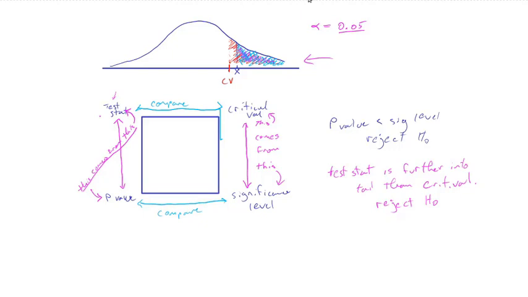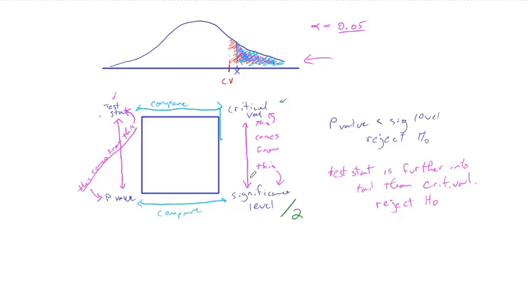Okay, then the only other caveat to all this is the idea of a two-tailed test. If it's a two-tailed test and you're going the critical value method, the two-tail first says divide your significance level by 2.